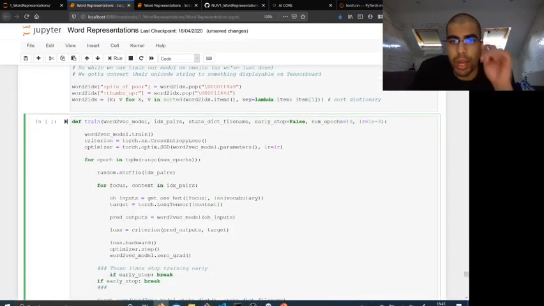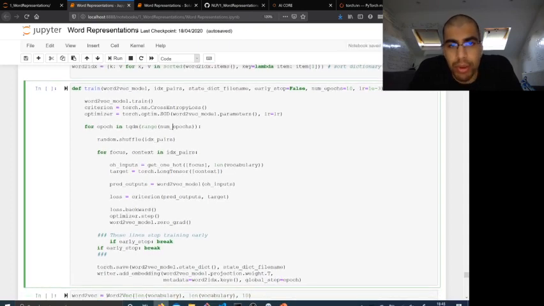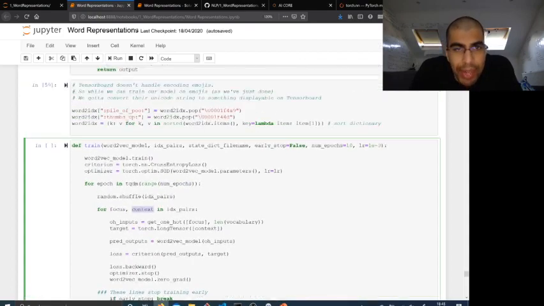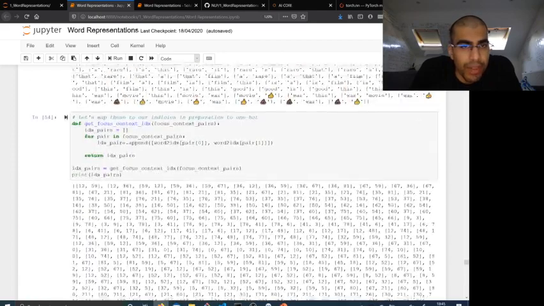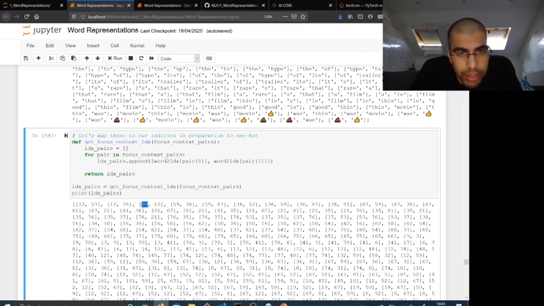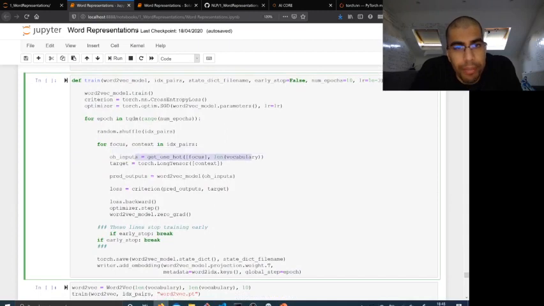Okay, and we're going to use a simple stochastic gradient descent optimizer. So for all of our index pairs, we're just going to randomly shuffle them, and we're going to loop over them for the amount of epochs that we have. So for every focus context pair in our index pairs, we're going to get the one hot of our focus word.